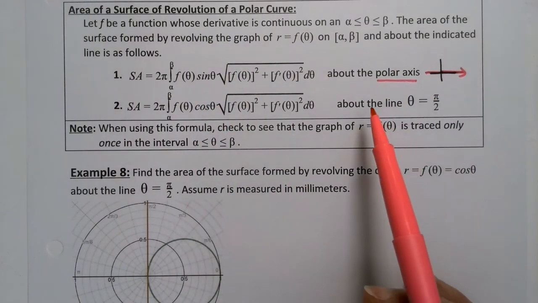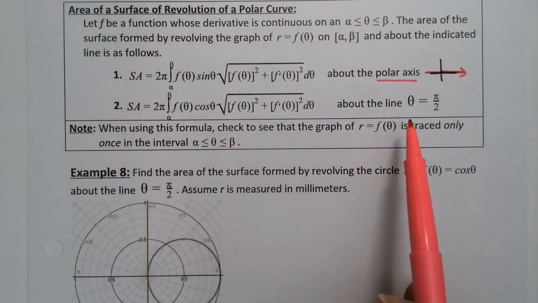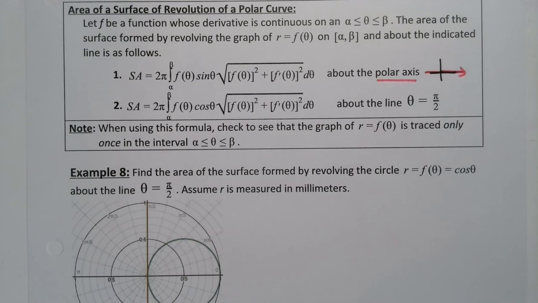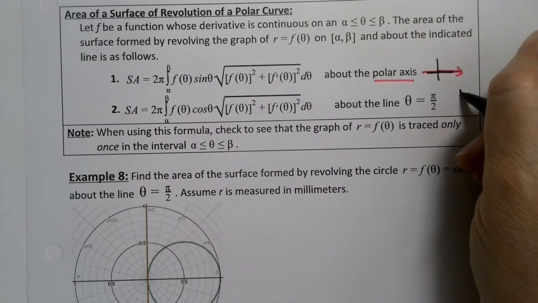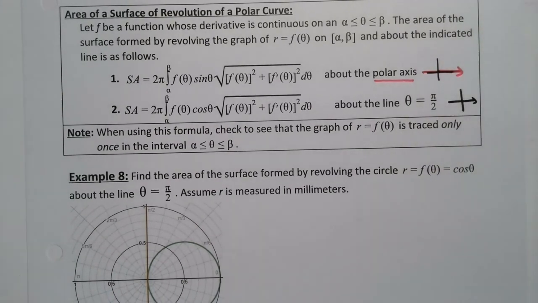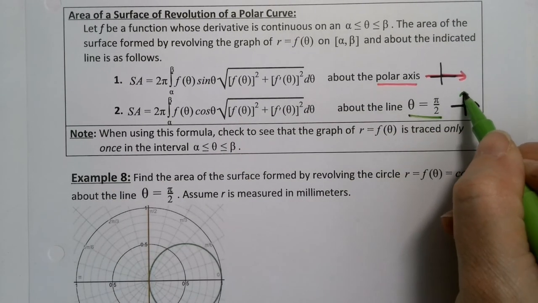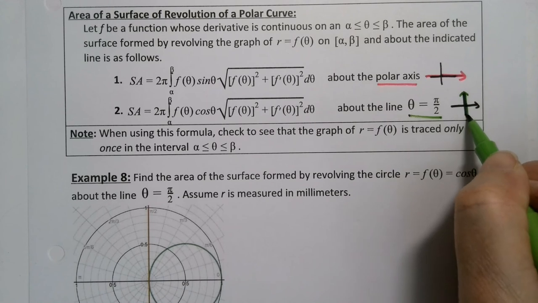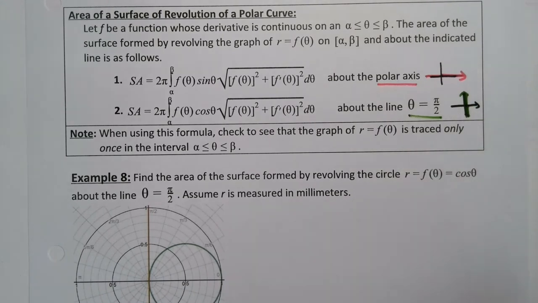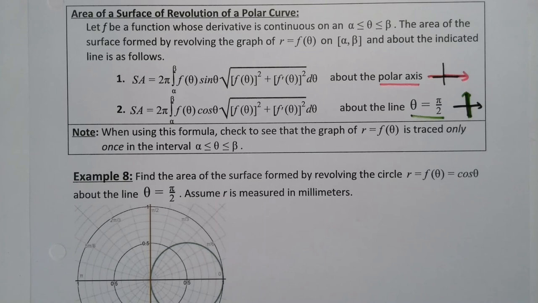And then to get that surface area, if you're going around the other axis, so the theta equals pi over 2 axis, which would be this one, but also its companion down on the bottom. There you go. That's this one. So when using this formula, check to see if the graph of r equals f of theta is only traced once.